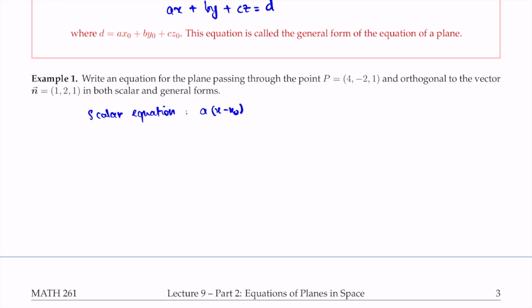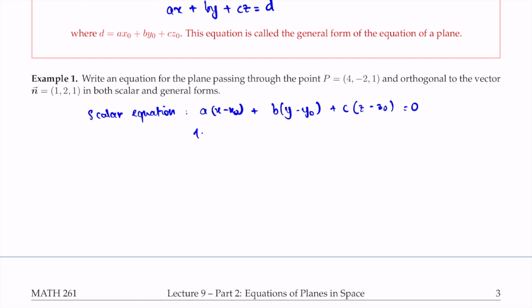A(x - x0) + b(y - y0) + c(z - z0) = 0, given that a is equal to 1, b is equal to 2, and c is equal to 1 again. And x0, y0, and z0 are 4, -2, and 1.